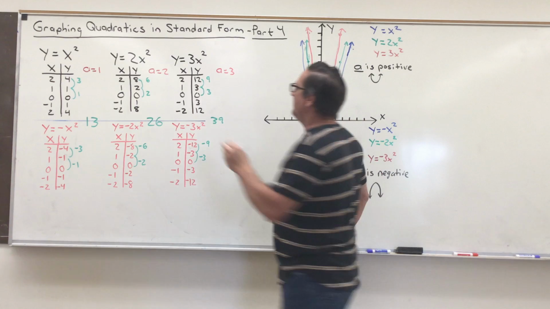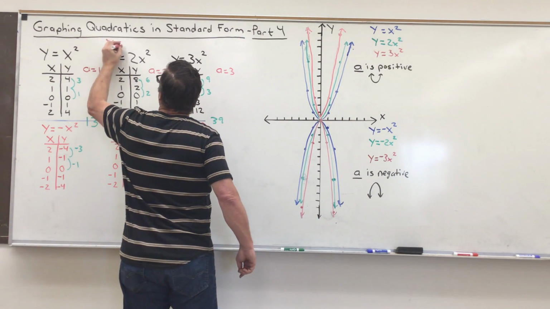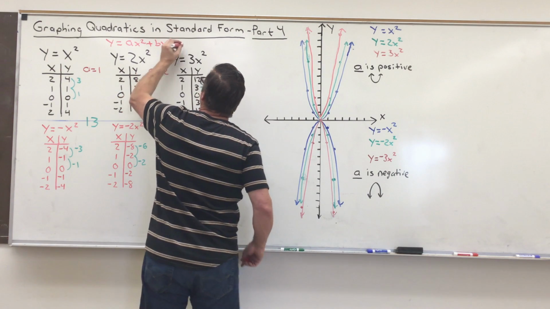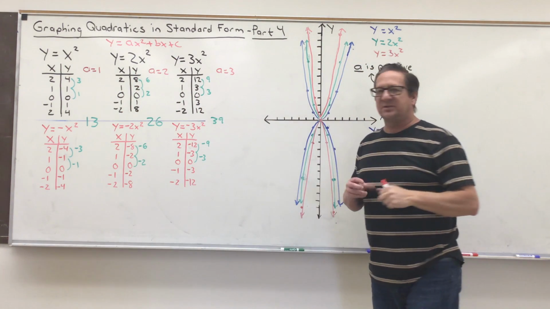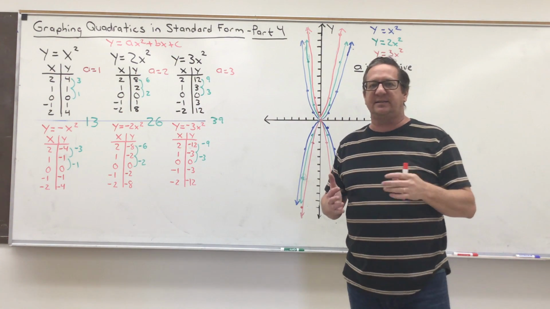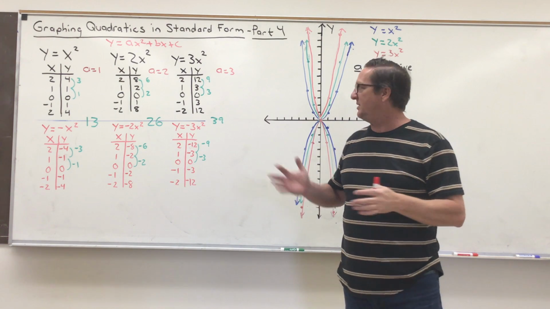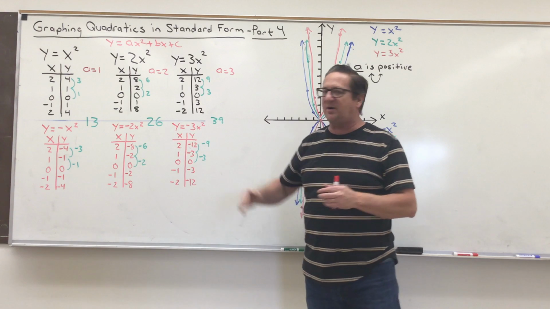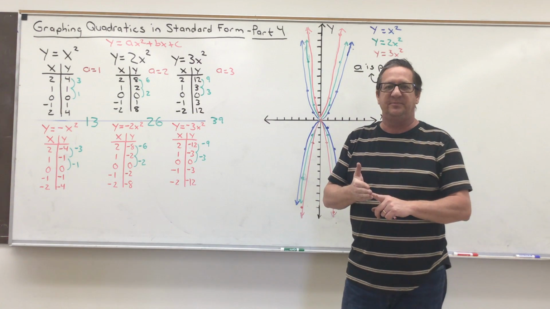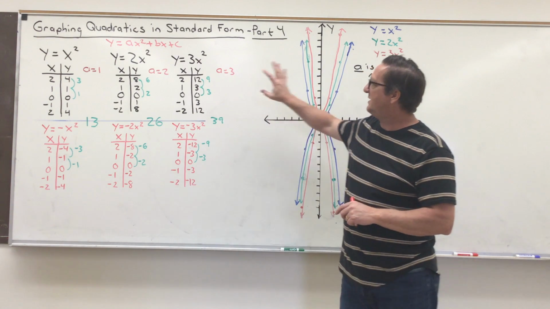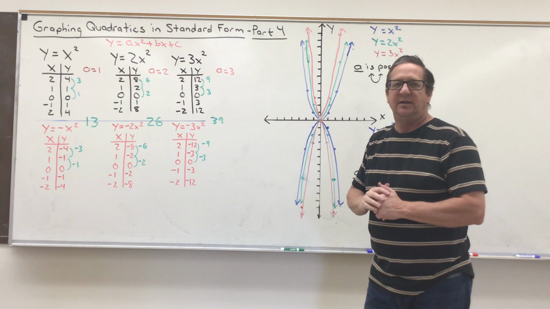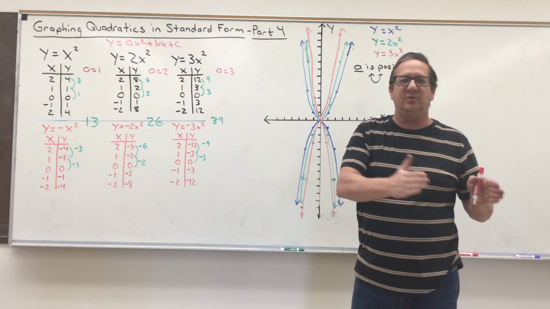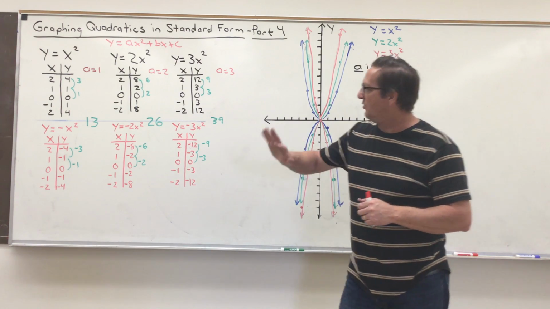And remember, what we're going off of is y equals ax squared plus bx plus c. So of course in these examples, b and c are 0, so they don't exist. And that's why you see the vertex for every single one of these problems at 0, 0. When we add in other terms, that's when our parabola starts shifting, moving, and flipping.